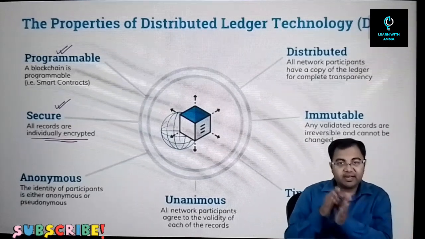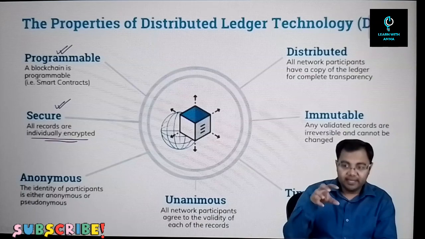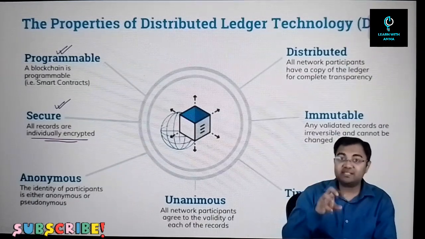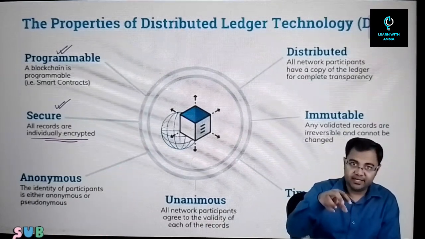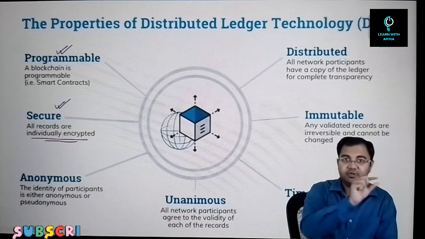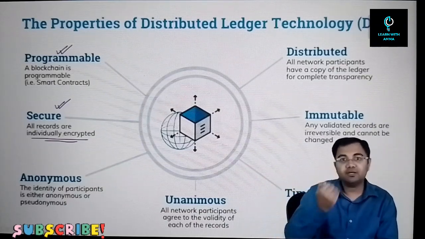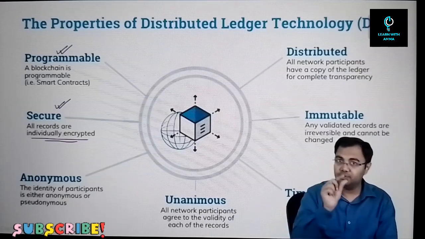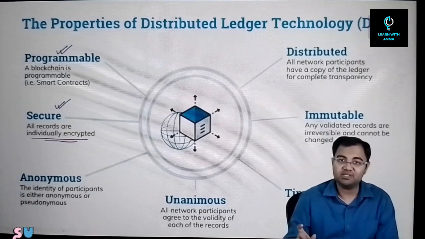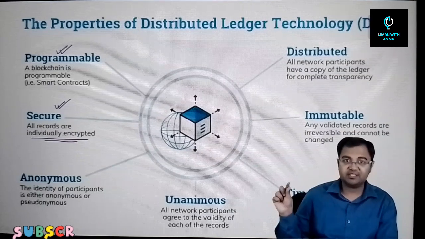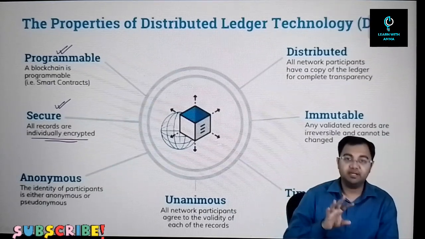So if one address has been created for a block, it is also dependent on the previous one. After one there is two, after two there is three, after three there is four. So if somebody takes away two, then it becomes 134, and you will know that something is missing from the system, because the new hashes that will be generated will be completely different.